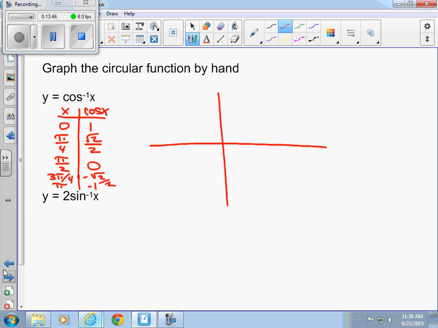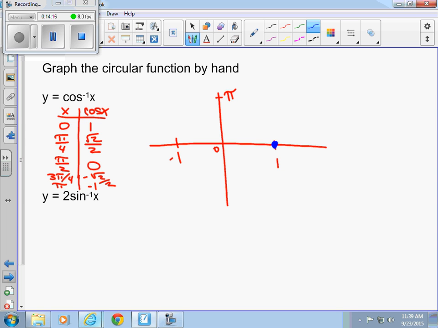But I'm going to make my y values go from 0 to pi, and my x values go from negative 1 to 1. At the x value of 1, what is the y value? 0.